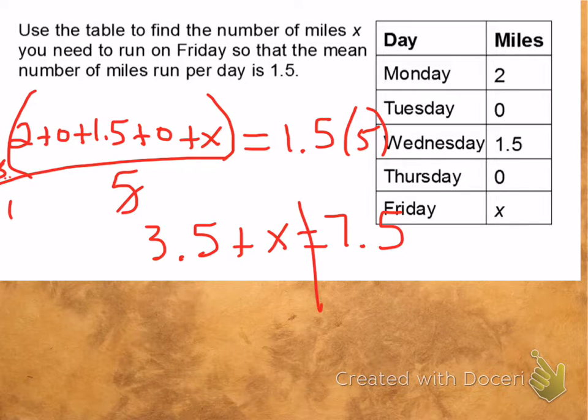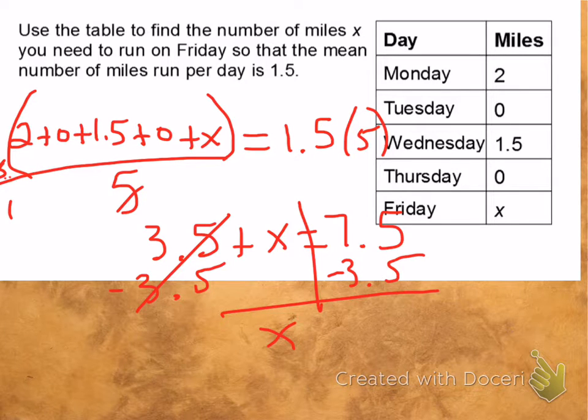Now I solve for x to find out how many miles I need to run on Friday. So minus 3.5, minus 3.5. So 7.5 minus 3.5 is 4. So I need to run 4 miles on Friday, so I get my average miles per day as 1.5.